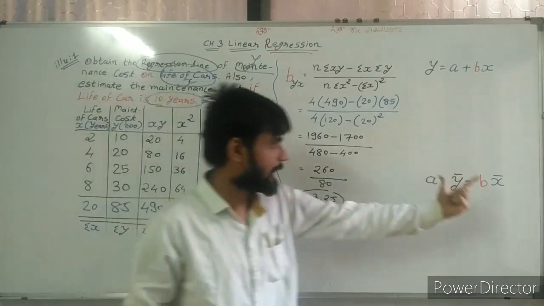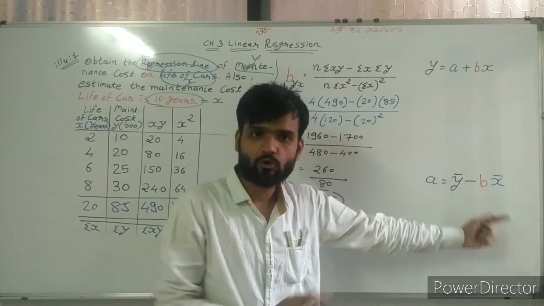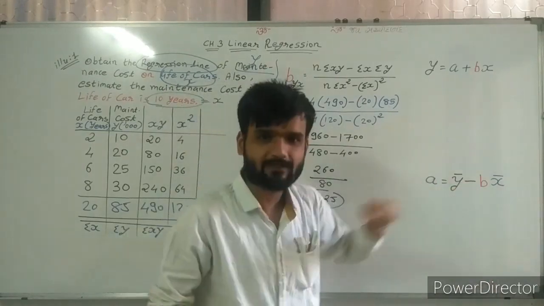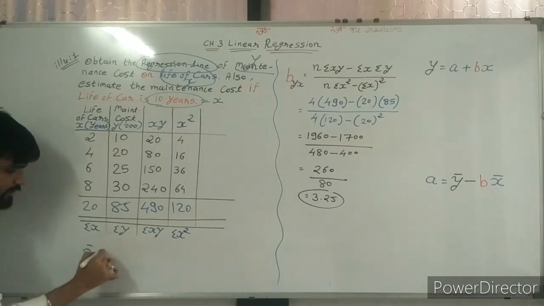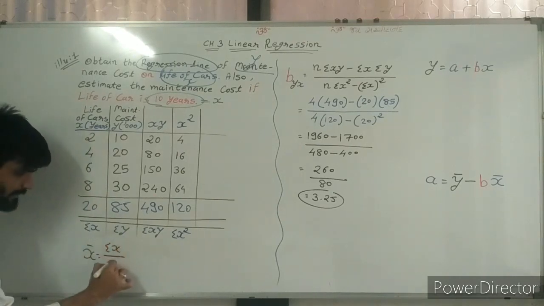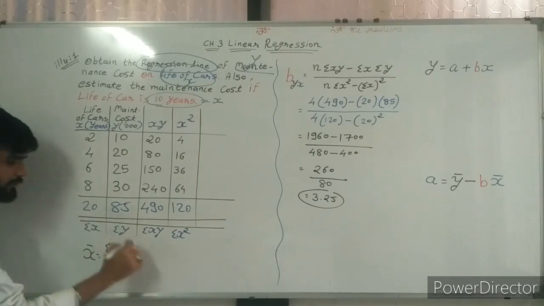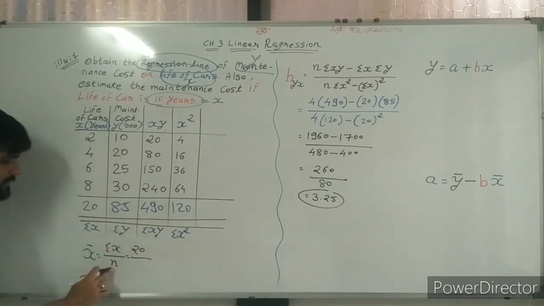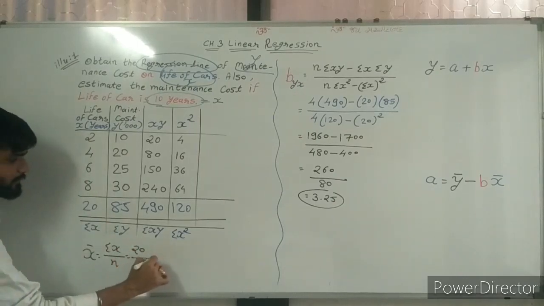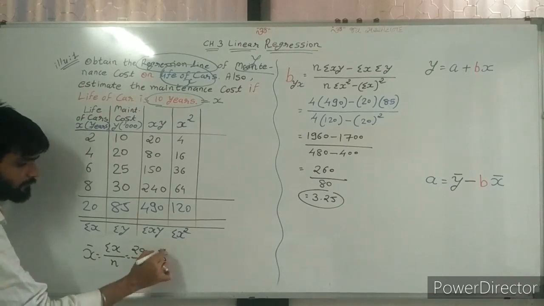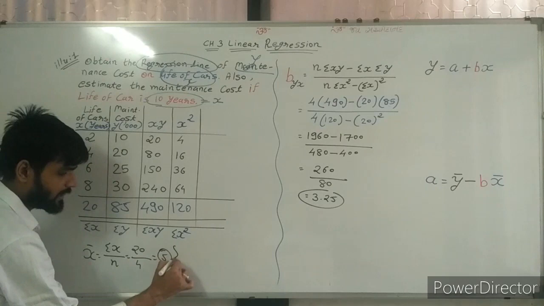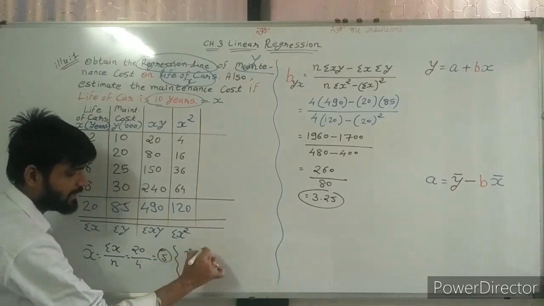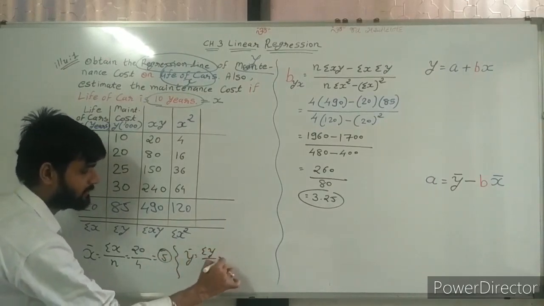Now this b value I can use to find a also. But for that we need y bar and x bar. So first of all, find them right here. X bar is equal to sigma x divided by n. Sigma x is equal to 20. n is equal to 4. Answer is 5. X bar is equal to 5. Same way, sir, we need y bar. Y bar is equal to sigma y upon n.